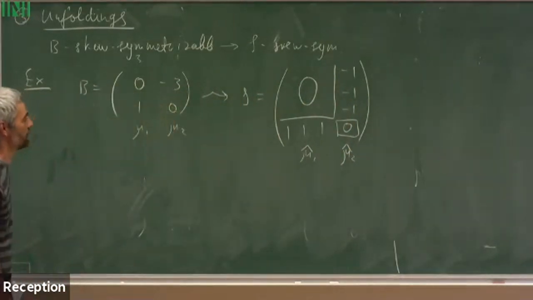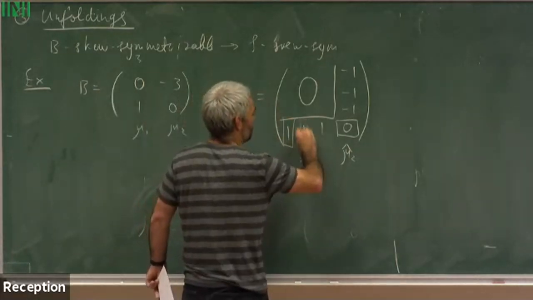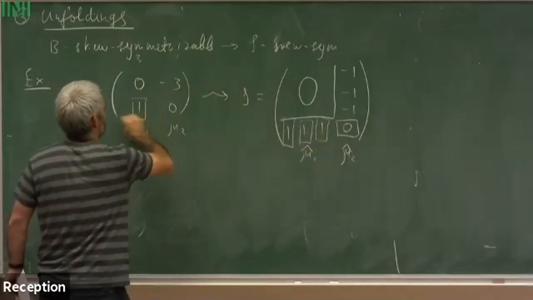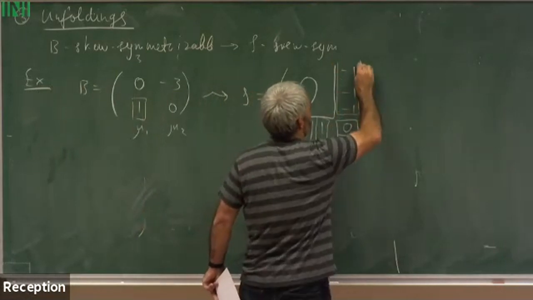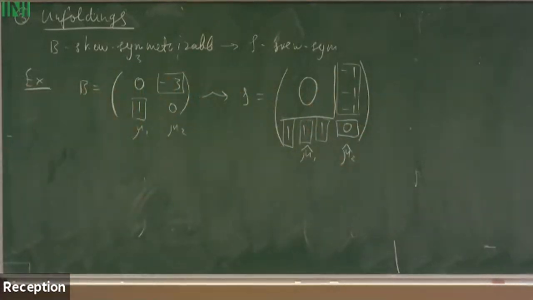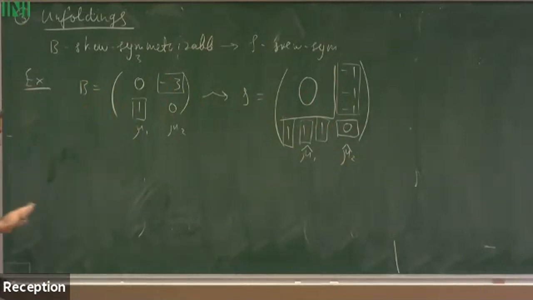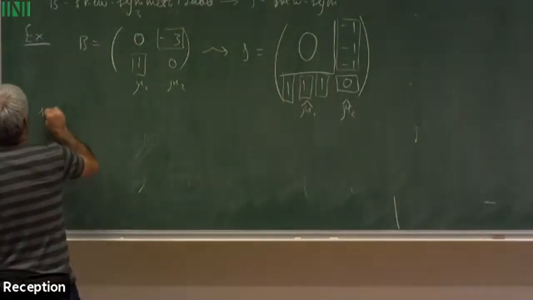And what we see is that the sum in this block is equal to this, and the sum of entries in this block is equal to this. So we have the sums in the columns.